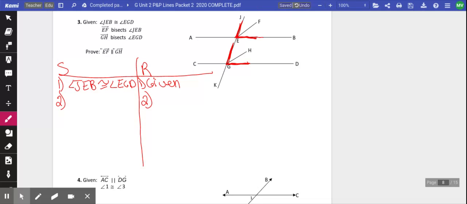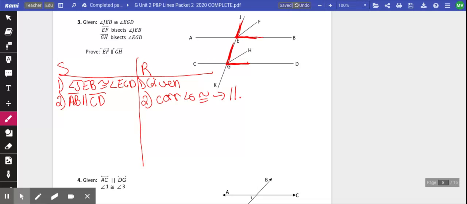Okay, so the one thing that does tell me is that AB is parallel to CD. And that's because corresponding angles congruent implies parallel. And I'm not sure if I'm going to need to use that, but it helps me, possibly. It's true. And if you include true things that you don't use, it's no big deal.